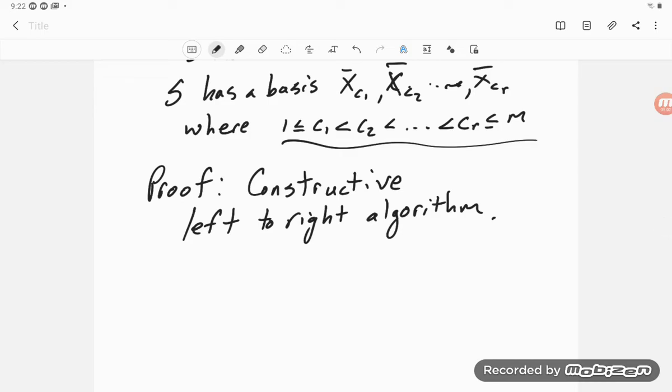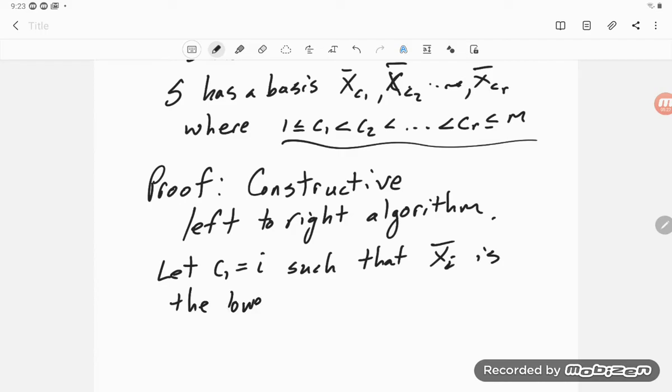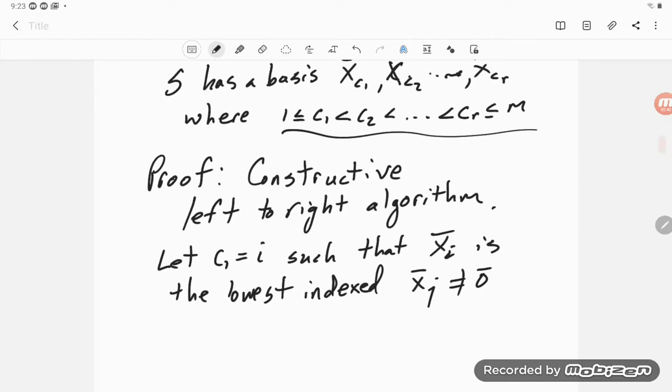What we do is we let c1 be the i such that x sub i is the lowest indexed x sub j that is not equal to the zero vector.